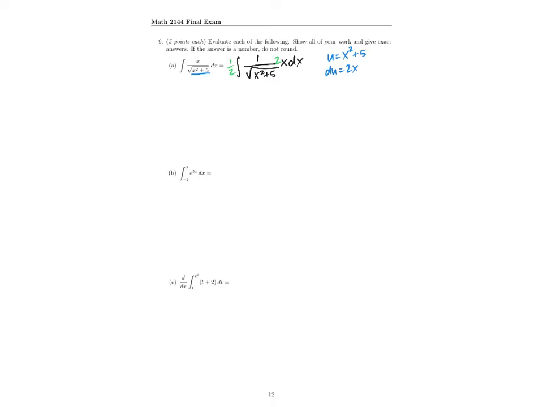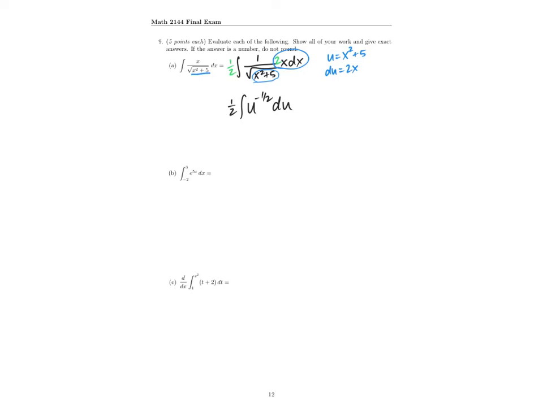And so what that will give me is this will be my du. And this here is my u, and my u is raised to the negative 1/2. So now I'm ready to do my substitution. So I have 1/2 integral of u to the negative 1/2 du.